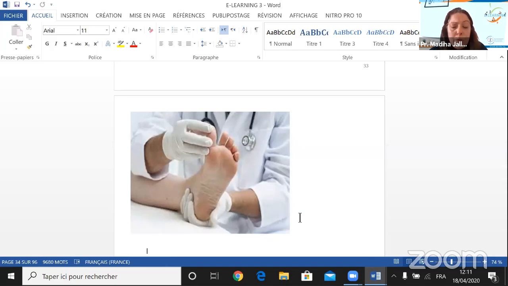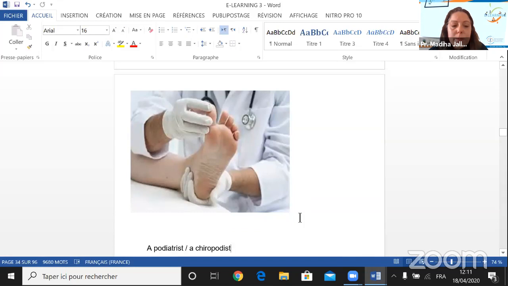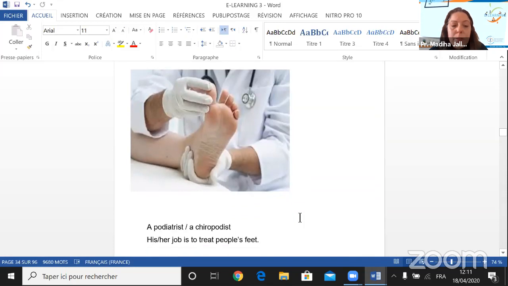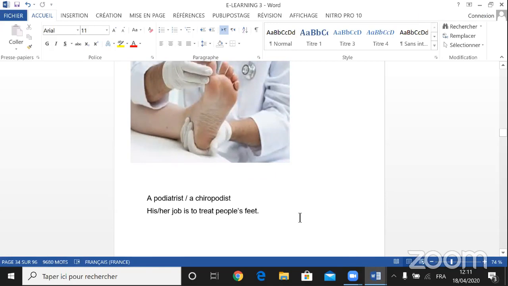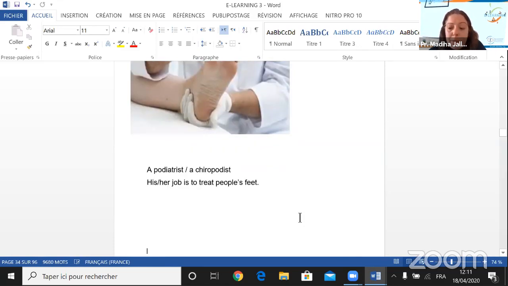Do you know the word in French, for example? Okay, so he is a podiatrist or chiropodist. Podiatrist is American and chiropodist is British, and the job here is to treat people's feet.